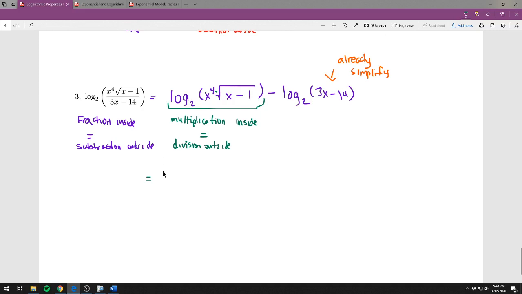So the first two terms, when we split up the multiplication, we get log base 2 of the first thing we're multiplying, x to the 4th, plus log base 2 of the second thing that's being multiplied, which is the square root of x minus 1, and then minus log base 2 of 3x minus 14.